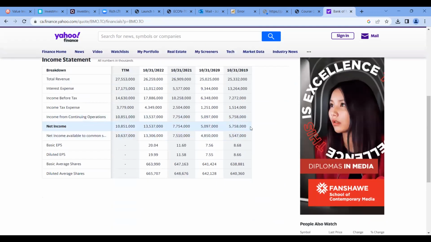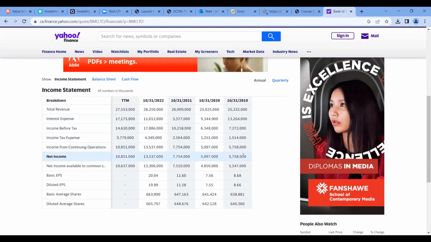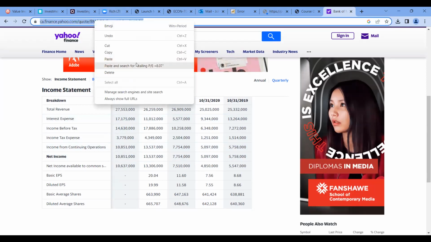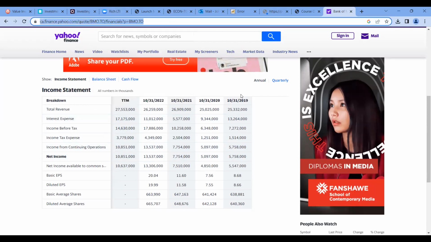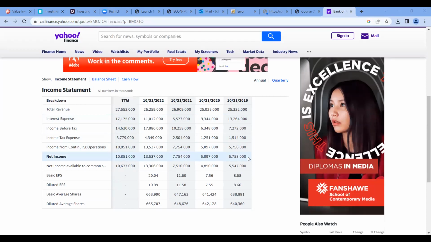If we look at this, their net income has been increasing. I'll put this in the chat here. Their net income has been increasing over the past few years.